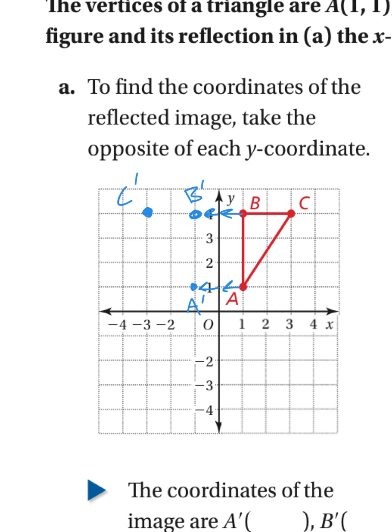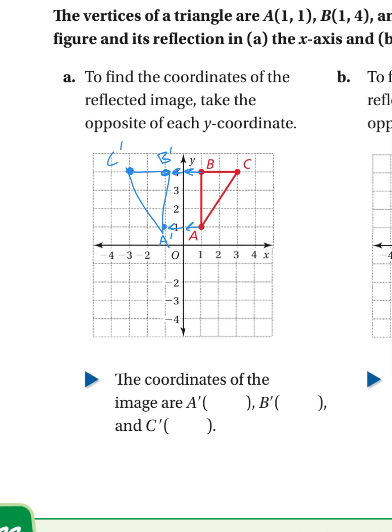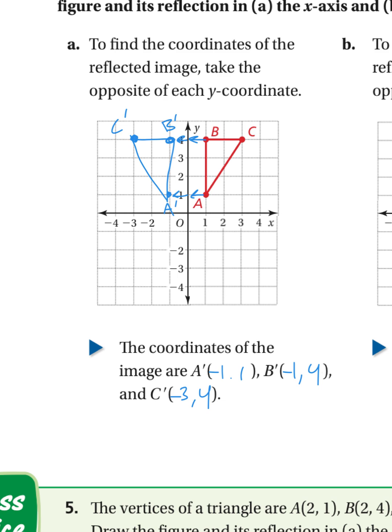This is my new C. Notice the coordinates are -1, 1, -1, 4, and -3, 4. So when we reflected over Y, X became opposite.